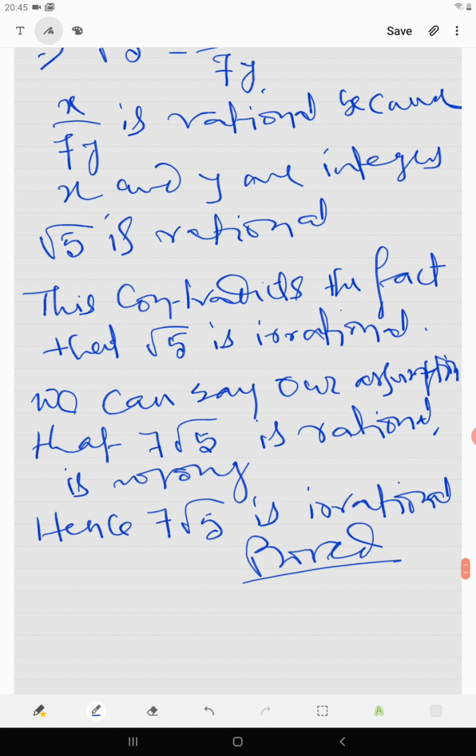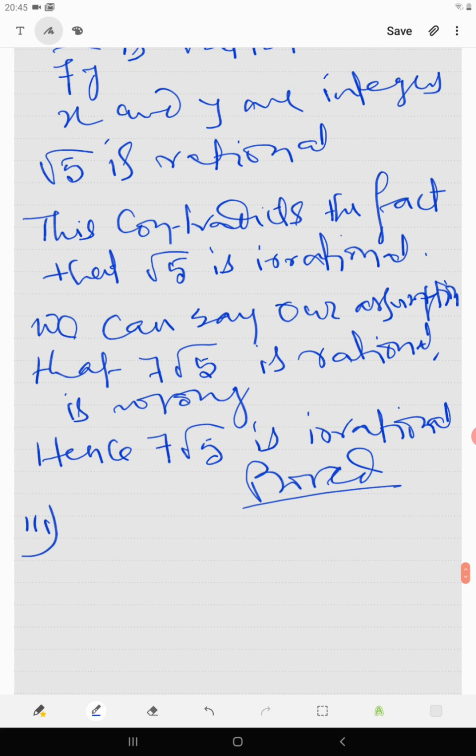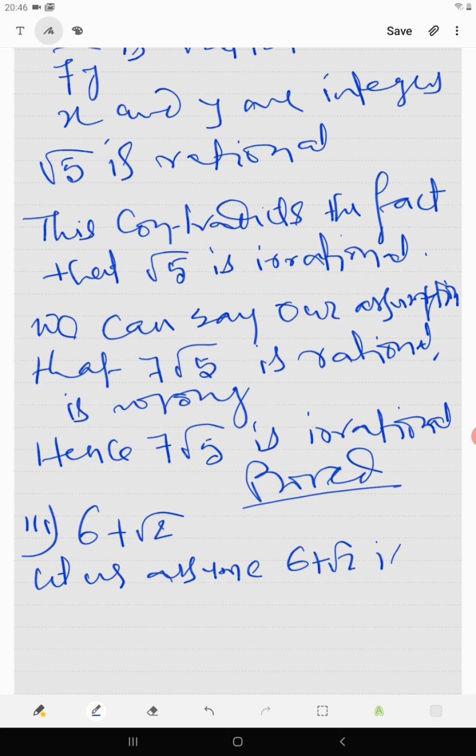Okay, let's move on to our third problem. So what is the third problem? It's 6 plus root 2. Okay, so to prove 6 plus root 2 is irrational, let us assume 6 plus root 2 is rational.